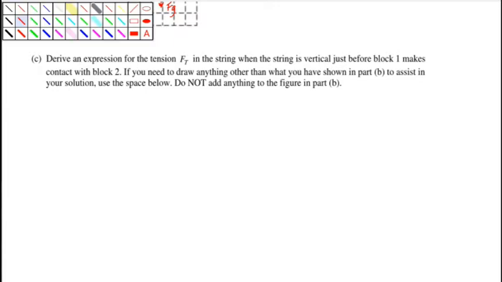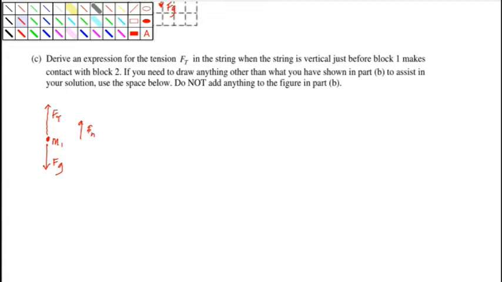So let's quickly draw our mass for block 1 here, and we've got some upward force, Ft, and some downward force, which is Fg. And we know that, in order to have an upward acceleration, we have some net force between those two, and that net force is associated with the circular motion.